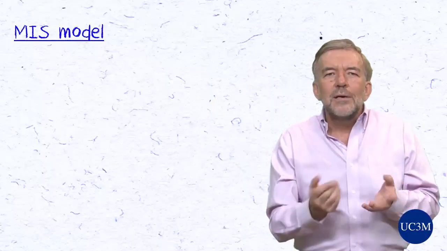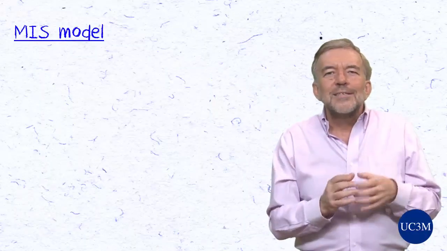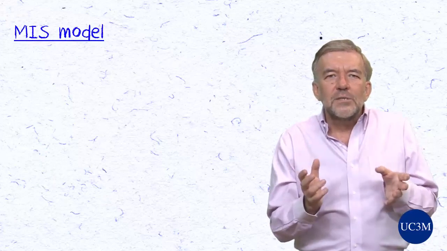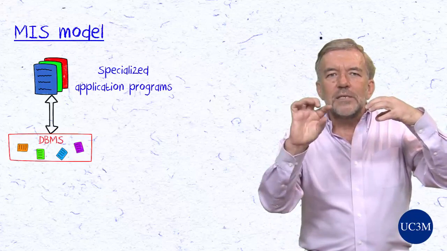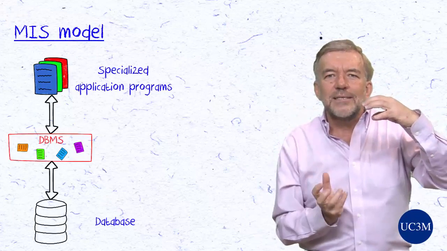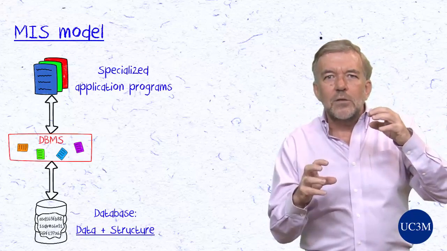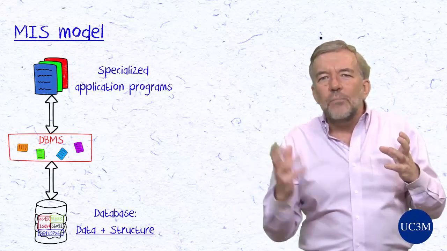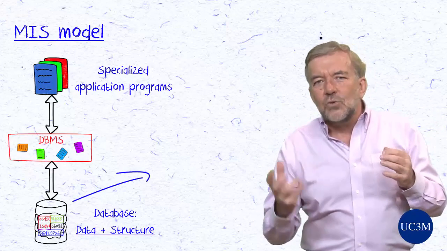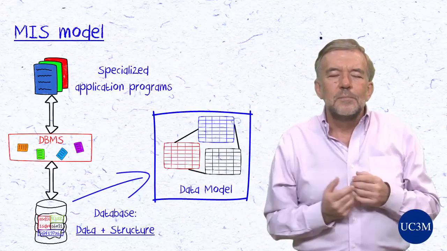As you will remember, in previous sessions we introduced a simplified model of a management information system encompassing the specialized application programs, the database management system, and the database itself, including both the data content and the data structure, and highlighted the importance of the database's structure or data model.